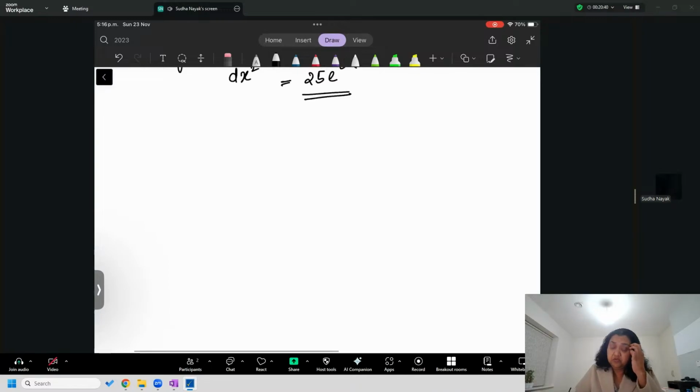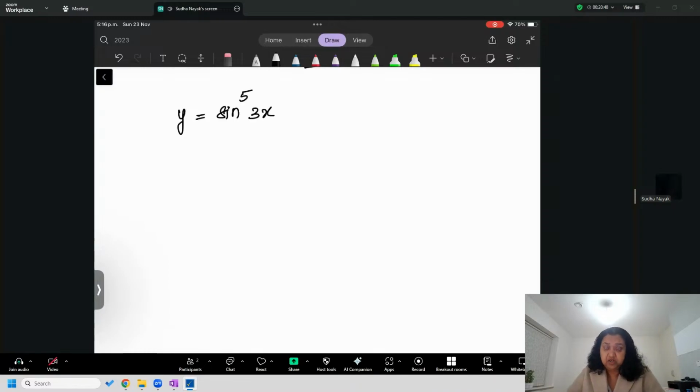Okay, before we start with the log, I want to tell you one more thing. Sine to the power of 5 3x. Suppose you get a question like this, sine to the power of 5 3x, immediately you have to remember that it can be written as sine 3x to the power of 5. So this can be written as u to the power of 5, and it will be 5u to the power of 4, and then du by dx, using the chain rule.